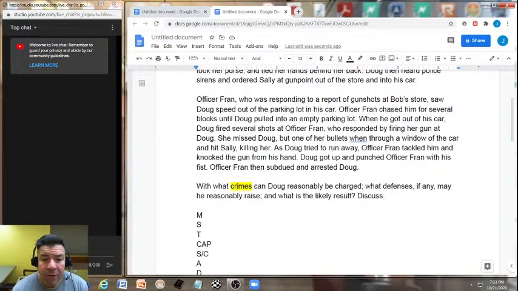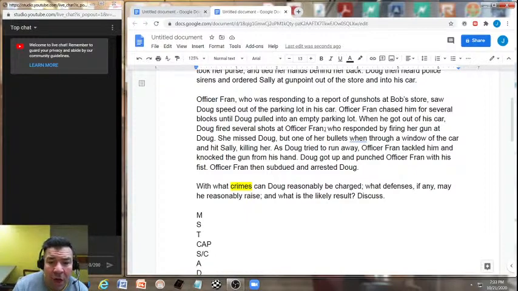Now, they were shot at Officer Fran, and those bullets could have indeed caused Officer Fran's death, but they did not. And therefore, that's what constitutes the attempt. And also, Doug had taken a substantial step toward causing Officer Fran's death. And we'll go through all these elements as we go through the paper further, okay? Just pointing these out to you to indicate why I chose these particular issues from the facts.